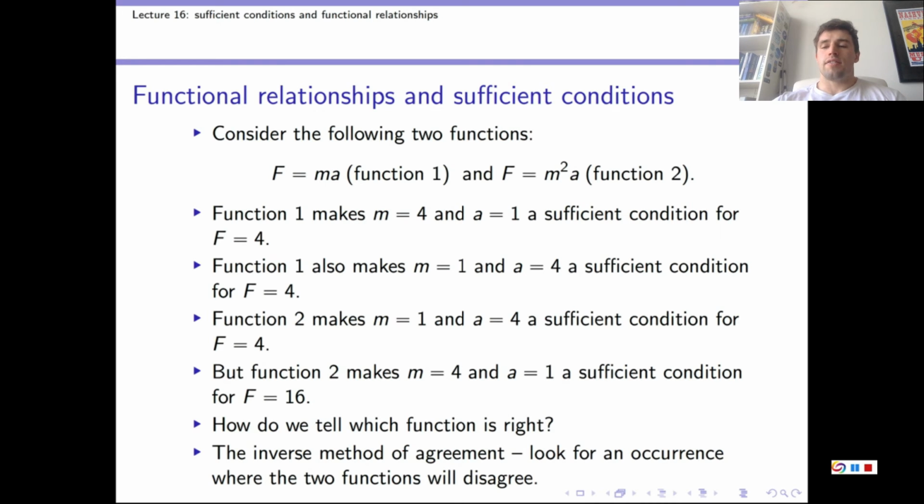On the other hand, if f equals 16 is a physical property that's absent when the properties m equals 4 and a equals 1 are present, then those properties can't be sufficient for f equals 16, and so function 2, which would give you 16, must be the wrong function. So the inverse method would rule it out. So, using the inverse method of agreement in this way, we can narrow down on the correct function.